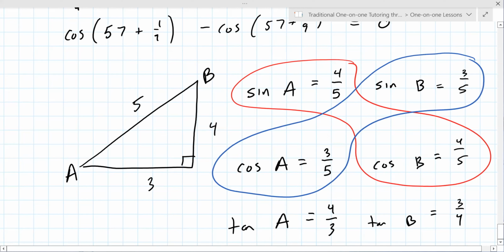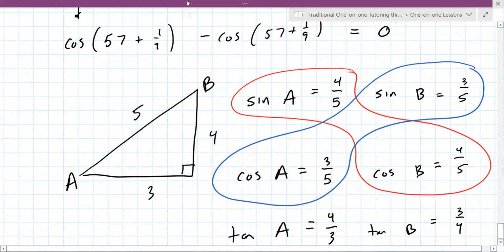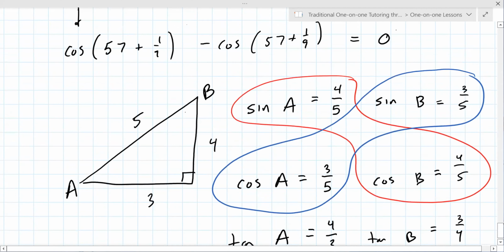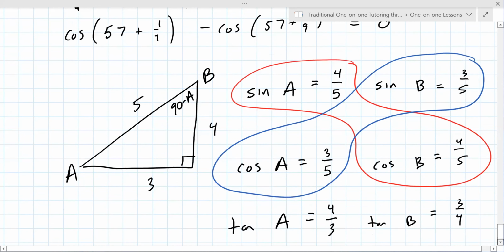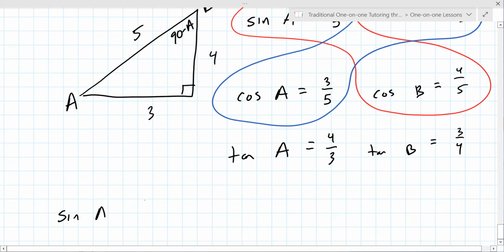Yes. So the idea is like this, and this is how they build these identities: whatever A is, B is 90 minus A. So the sine of A, which you just told me is 4/5, equals the cosine of B, but the cosine of B is really 90 minus A, which is also 4/5.